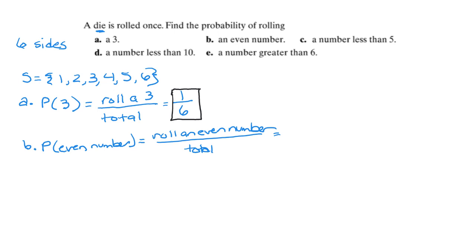So how many even numbers do we have? We have 2, 4, and 6 in our sample space. So there are 3 even numbers over the total number of elements in our sample space, which is 6. Then we have to reduce our fraction, always simplify. And our answer is 1/2. So the probability of rolling an even number is 1/2.